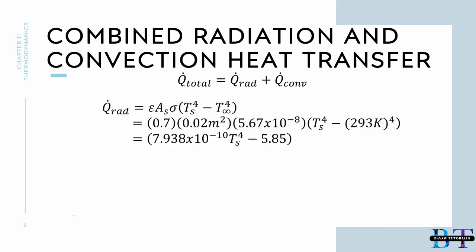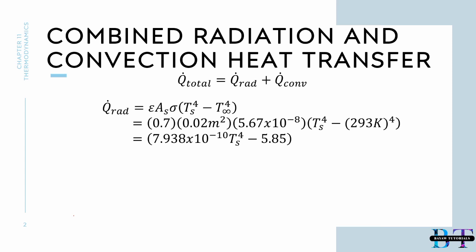Now firstly, let's have our heat transfer per unit time of our radiation, with the equation: emissivity multiplied by our surface area and our Stefan-Boltzmann constant, multiplied by the surface absolute temperature raised to 4 minus the temperature of our surroundings raised to 4.